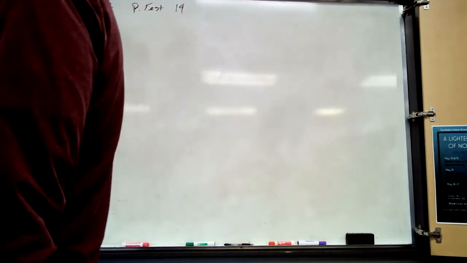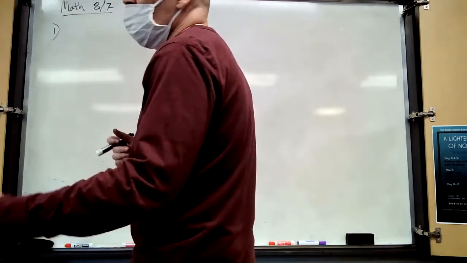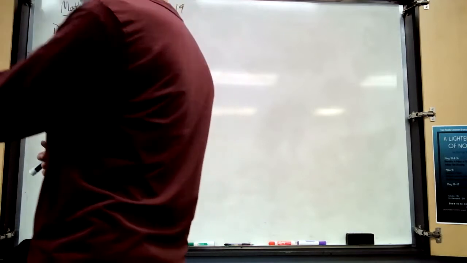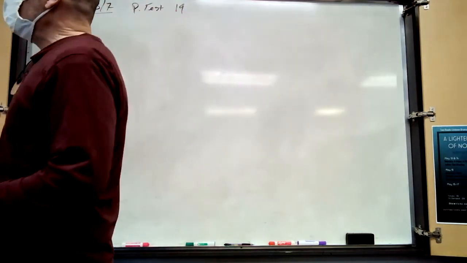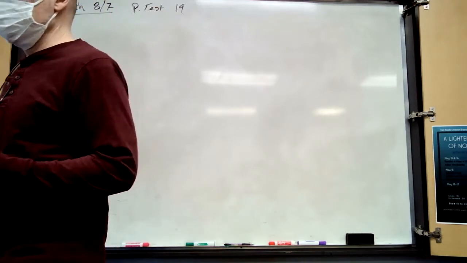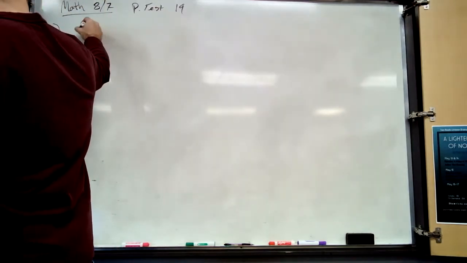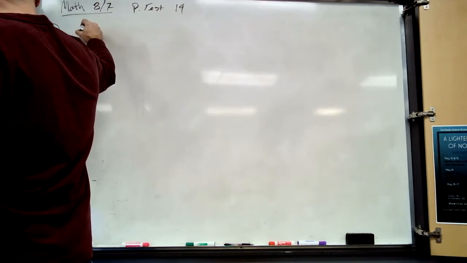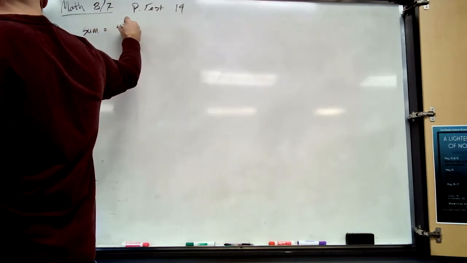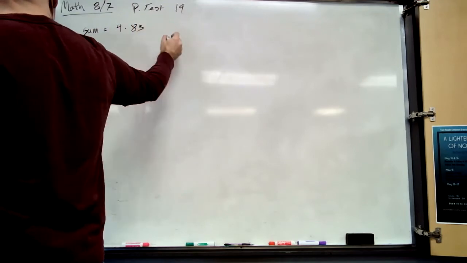So let's say you got an 83, and if you want to average an 85, or if you want to raise your grade to a 90, then you can do this math as well. So if the average of 4 tests is 83, that means the sum of the 4 tests is 83 times 4, right?